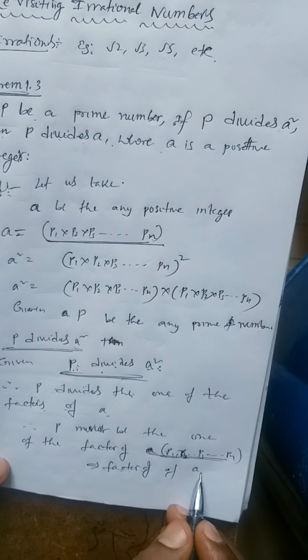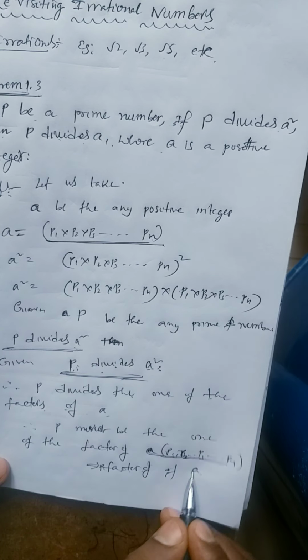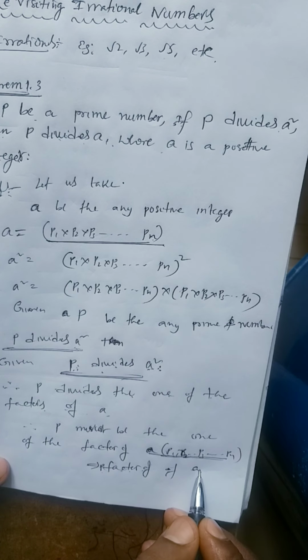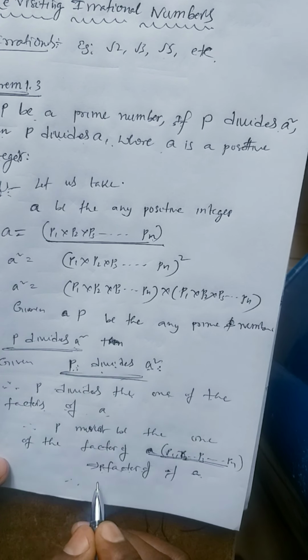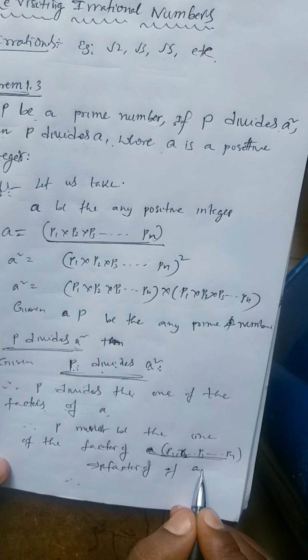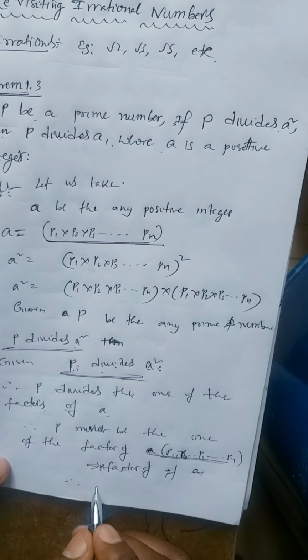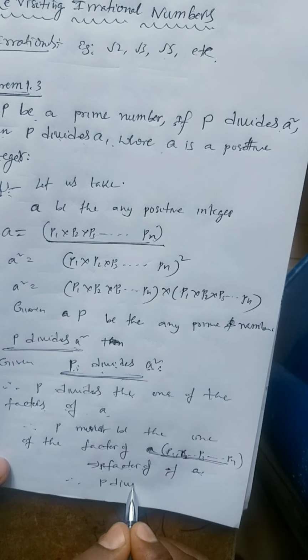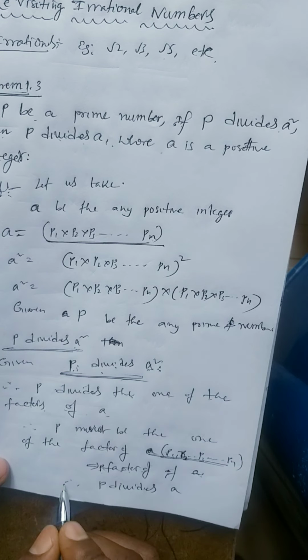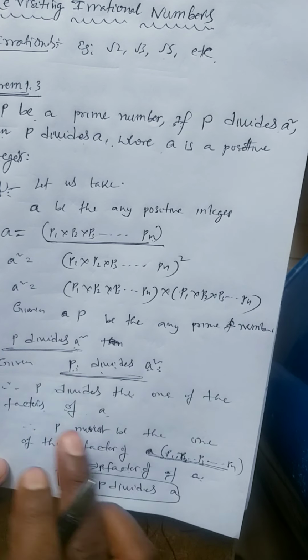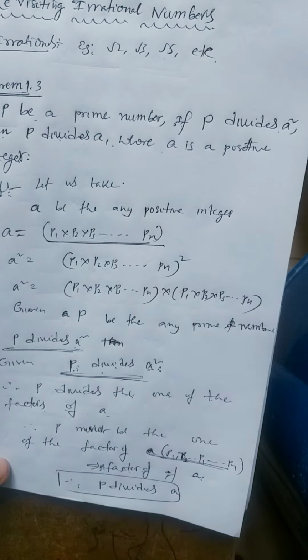Therefore, p is a factor of a means p can divide a exactly. So p divides a. This is what the theorem is telling. Finally, we can say that if p divides a square, then p also divides a.